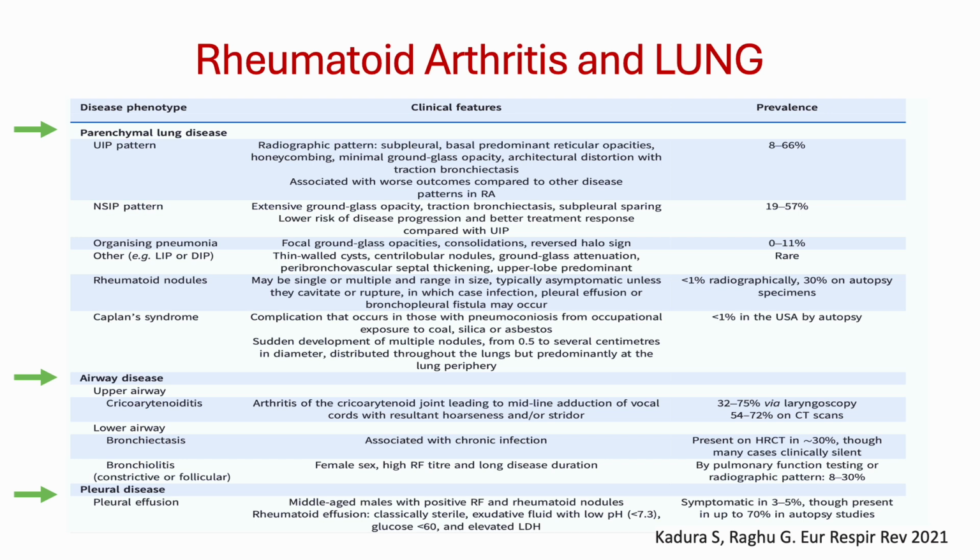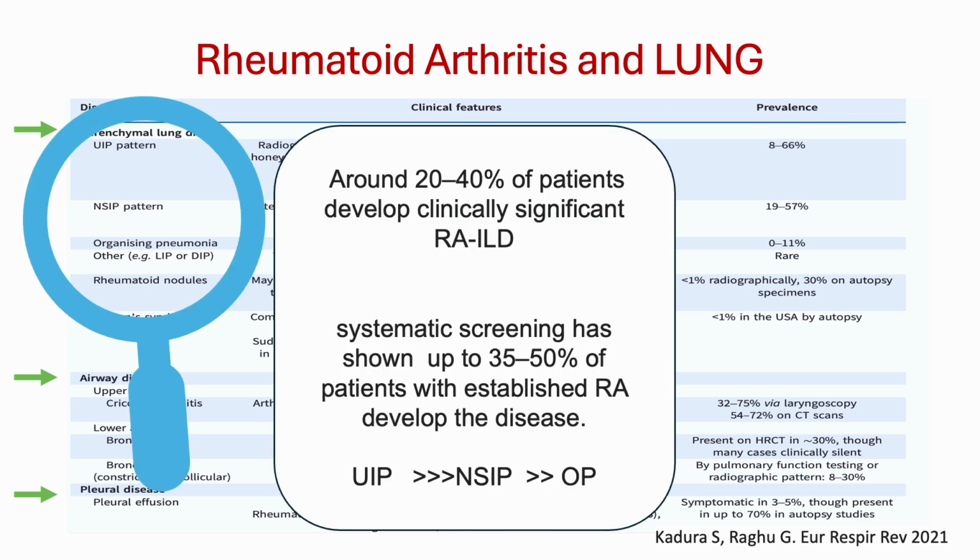Parenchymal lung disease is usually in the form of UIP pattern, most commonly up to 66%, NSIP pattern up to 50 to 57% of the patients who develop ILD, and the less common is organizing pneumonia, also LIP and DIP, which can be seen in up to 11%.